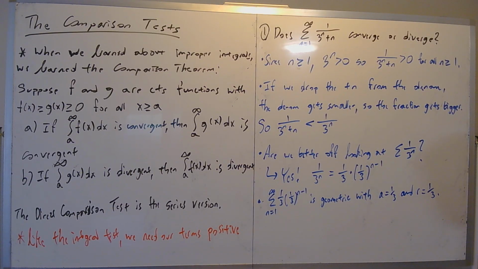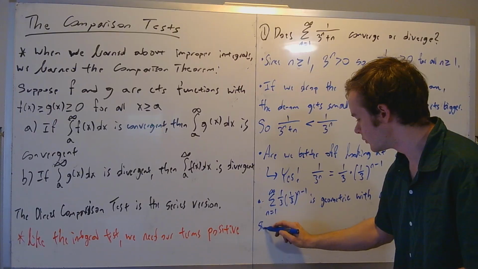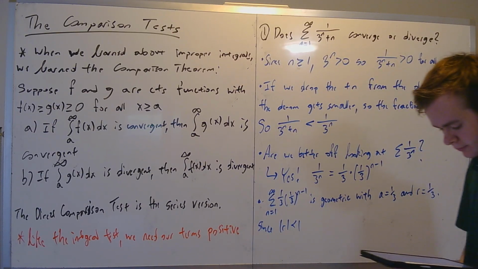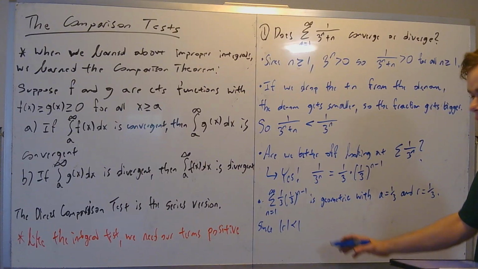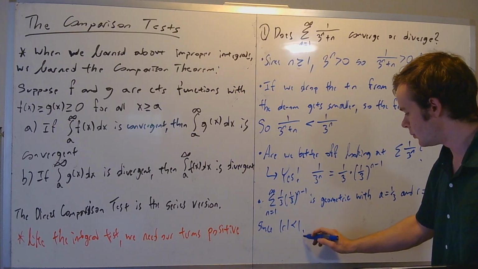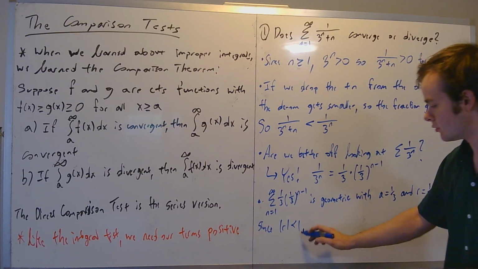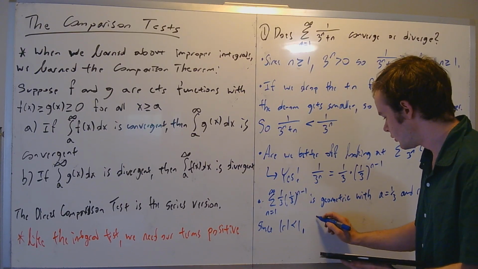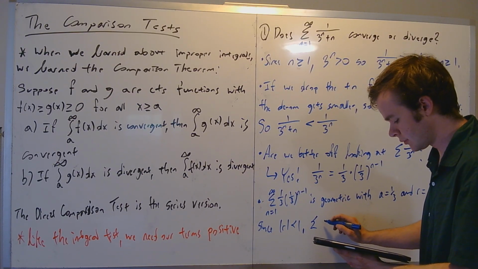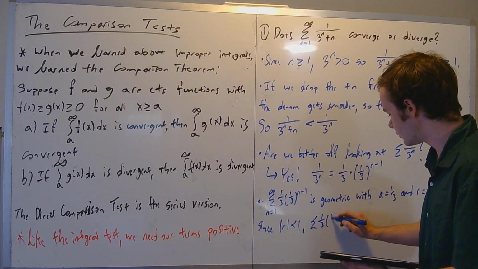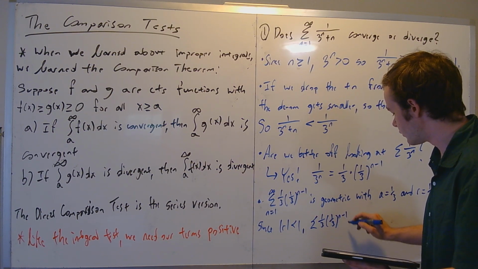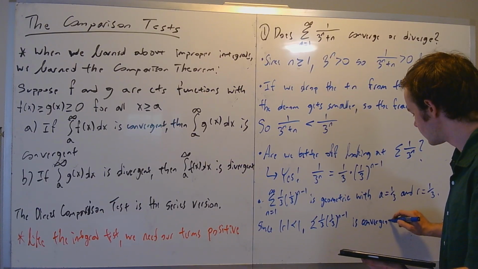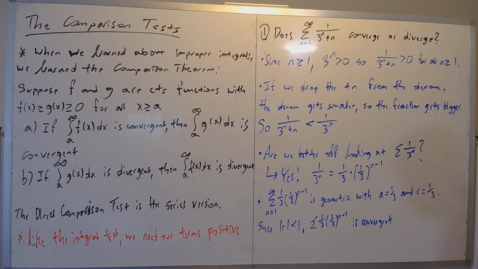Okay, so we can say here, since absolute value of r is less than 1, I encourage you to fill in the rest of the statement here. But remember what we did with the geometric series. Whenever the absolute value of r was less than 1, we said that the sum of 1/3 times 1/3 to the n minus 1 is convergent, since the absolute value of r is less than 1.